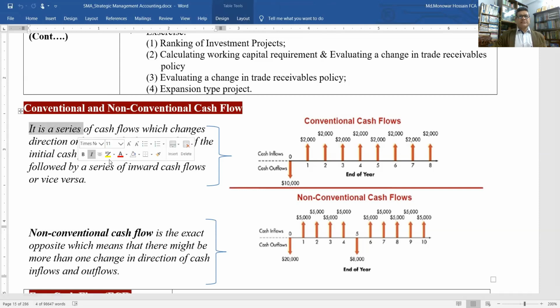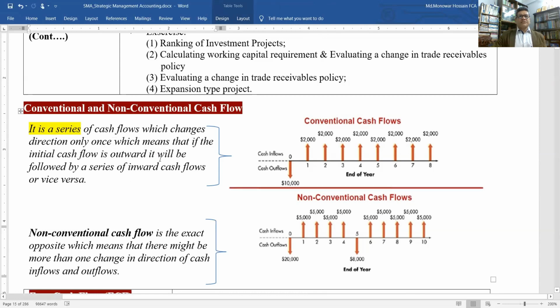It is a series of cash flows which changes direction only once, which means that if the initial cash flow is outward, it will be followed by a series of inward cash flows or vice versa. For example, just a one-time cash outflow and cash inflow for the whole life of the project. So it is the conventional cash flow.